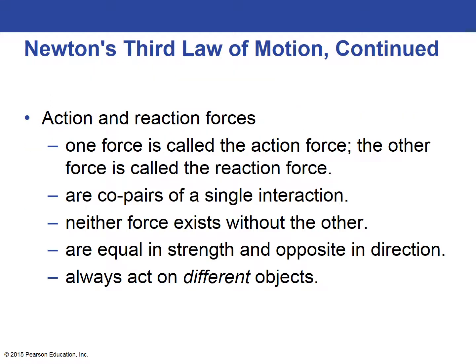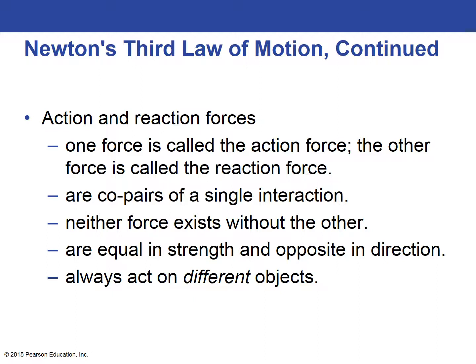Okay, a couple of things to remember about Newton's third law: the forces always occur in pairs. It always occurs when one object applies a force to another object, and that latter object then imparts an equal and opposite force to the first object.